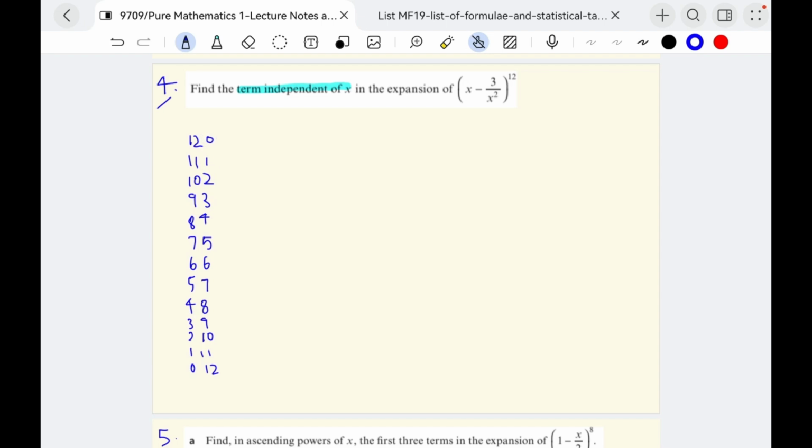This is the degree of 1 for the x, and this has a degree of 2. So see if the sum of these 2 degrees of the x must get 0.